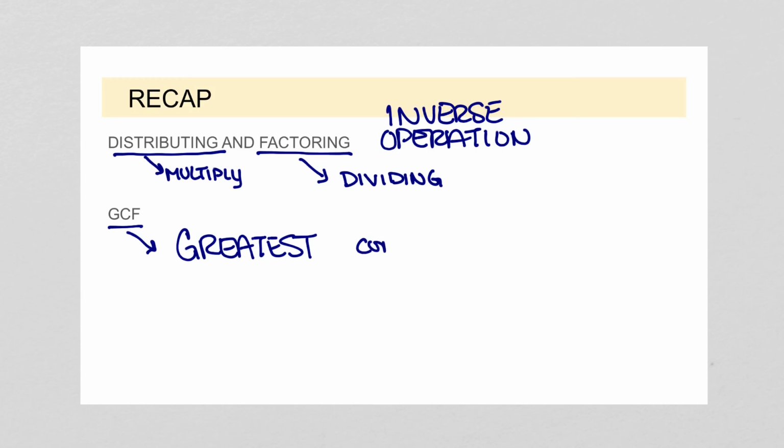Greatest common factor. Now, could we factor out something that wasn't the GCF? Could we just take out any old factor? Well, we could. We could take out any common factor to help manipulate it if we wanted to look at an expression in a different way. But you're not going to have the most simplified expression if you're not taking out the greatest common factor.